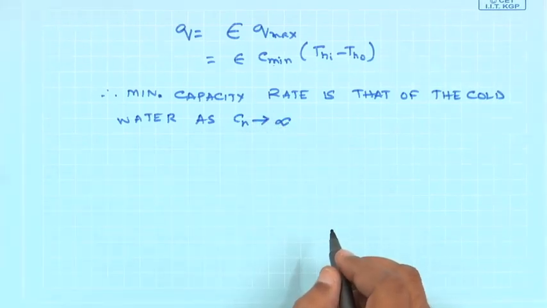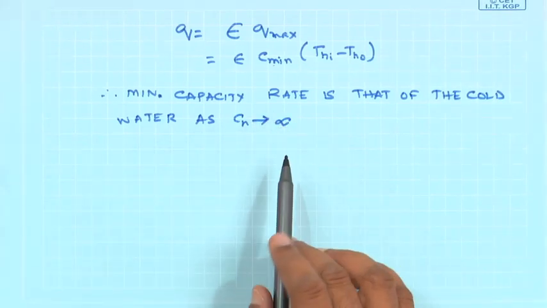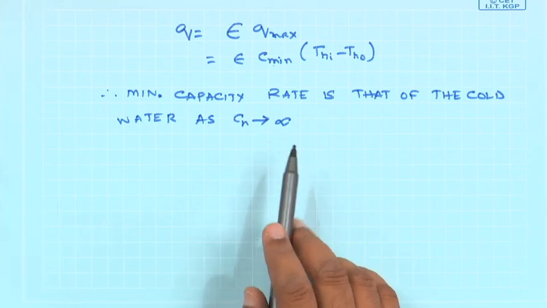So, the capacity rate of the hot fluid, since it is steam condensing on the outside, will obviously tend to infinity. So, therefore, we are dealing with a situation in which C_R is equal to 0. So, that would allow us to use a simple relation between epsilon and NTU, and since NTU is known, we should be able to calculate epsilon, and from epsilon we can calculate Q, and from Q we can calculate what is T_co. So, those are the steps which I am going to follow one after the other.